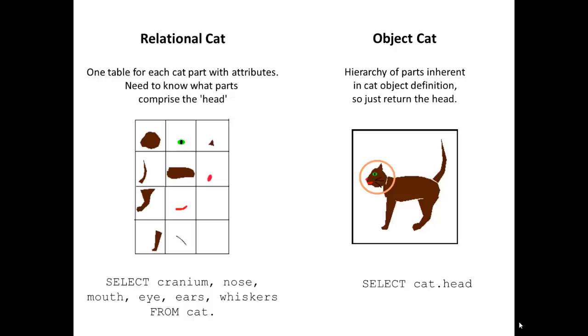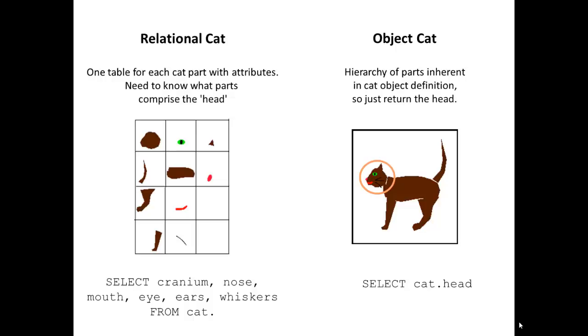So here's our relational cat. In our relational cat, we store the attributes for each body part in a separate table. So, for example, we might have a leg, and we might want to know the length of each leg. After all, they all are slightly different. For example, they may vary by colour. So we might want a colour attribute for each leg.